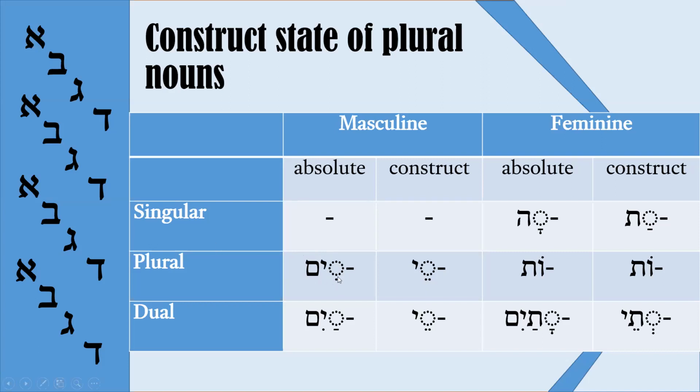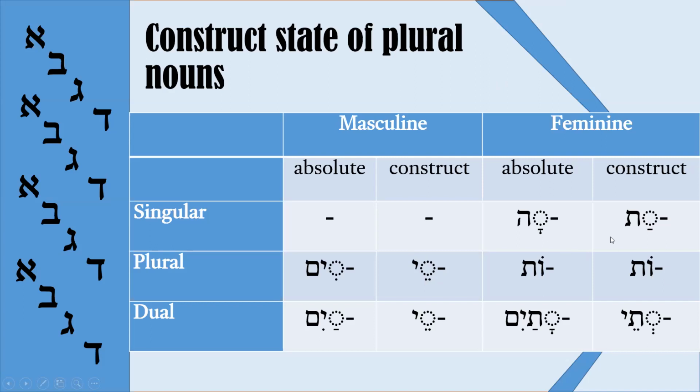So this im, the mem, is lost, and it becomes tsere yod. Like devarim, divrei; Elohim, Elohei; shofetim, shofetei, and so on and so forth. So if you see tsere yod at the end of the word, it will unmistakably be the construct state of a plural masculine noun.